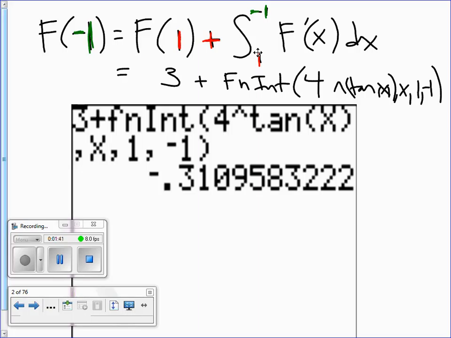Questions on that one? Okay, so the higher number has to be on top when you're going to evaluate the definite integral. Not with the calculator. Calculator doesn't care if you do it anyway.